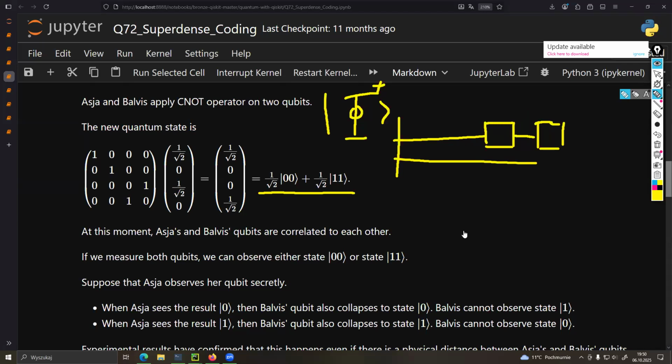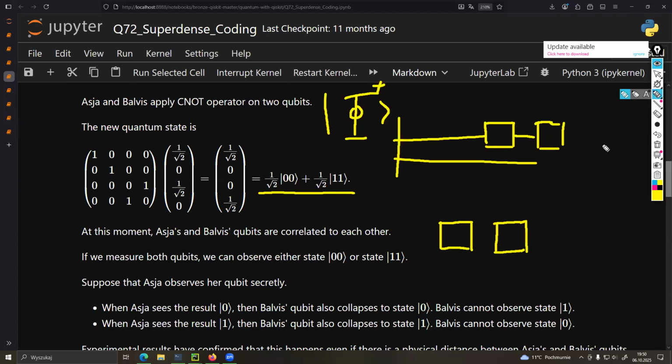If we would like to encode two classical bits, we would apply a phase change and a bit change.